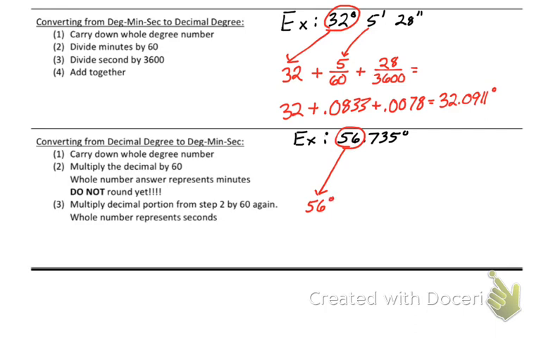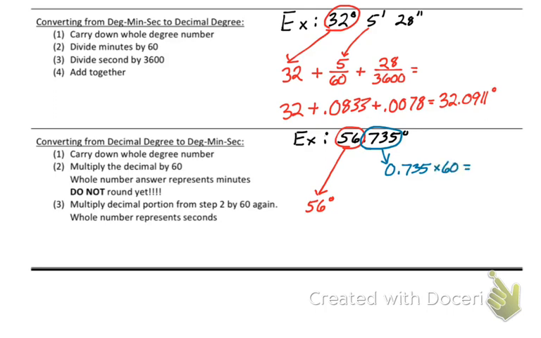Then what we're going to do is take anything that's in the decimal. So we're going to take that 0.735 and multiply it by 60.